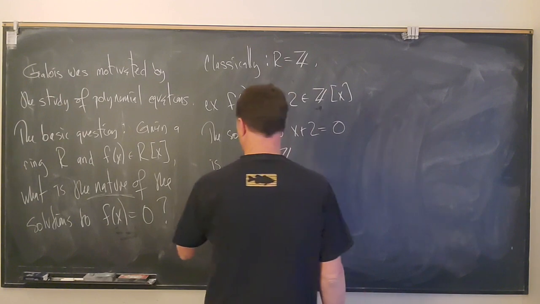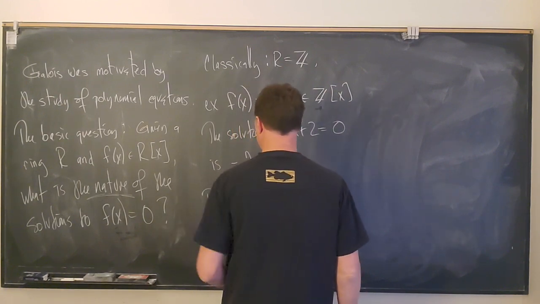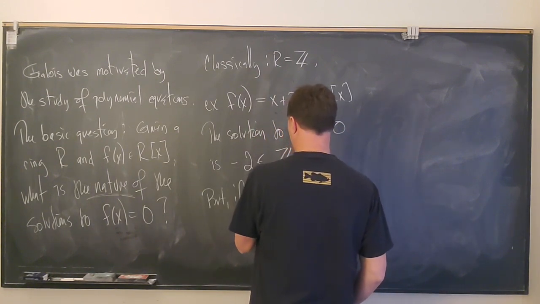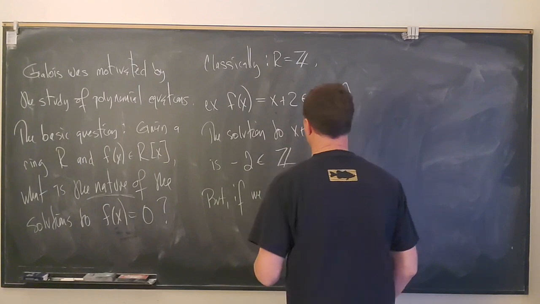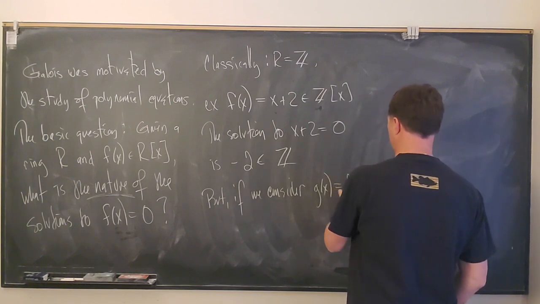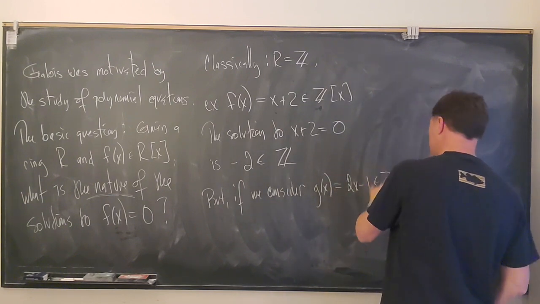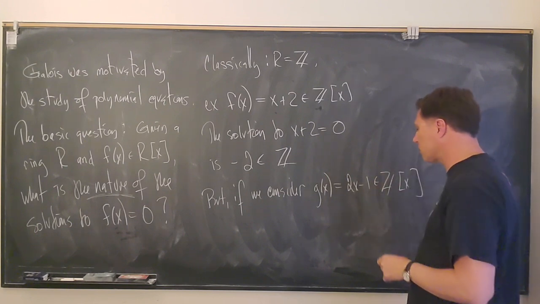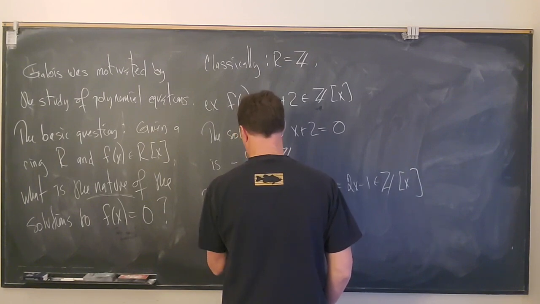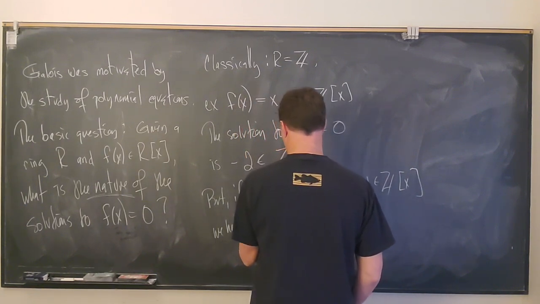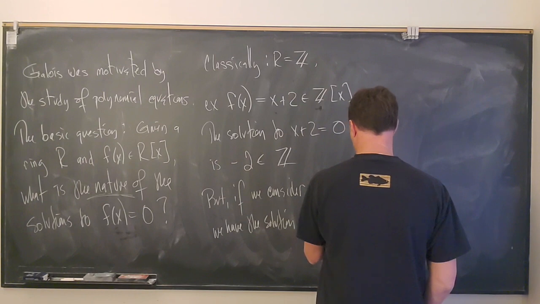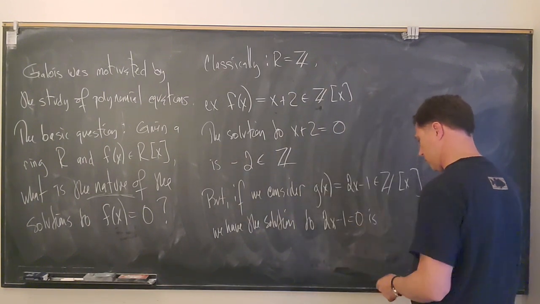But if we consider the polynomial g of x, and let's say it's 2x minus 1, once again viewing that as a polynomial in Z[x], the solution to the equation 2x minus 1 equals 0 is, what was it, 1/2.